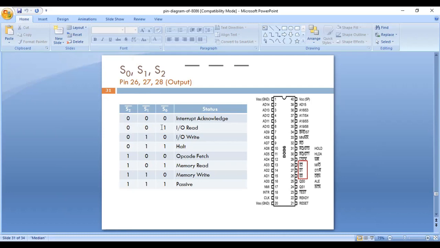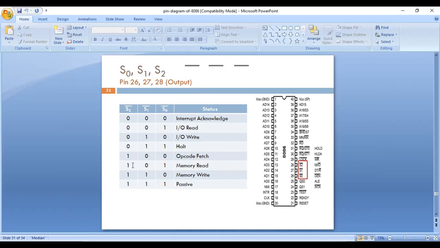When S0 is 1 and the remaining two are low, it will read the input output. When S1 is 1 and S2 and S0 are 0, it will write the output. When S2 is 0 and S1 and S0 are high, it will halt. When S2 is high and the remaining S1 and S0 are 0, it will fetch the opcode.